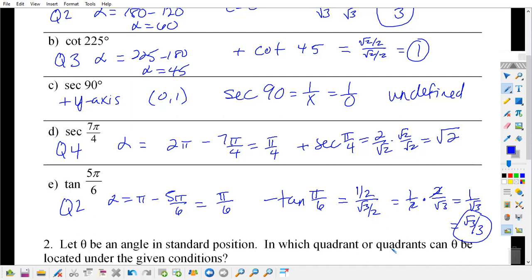Keep, change, flip. KCF. When you're dividing a fraction by a fraction, you are multiplying the numerator by the reciprocal of the denominator. That's the math terms. Or keep, change, flip.